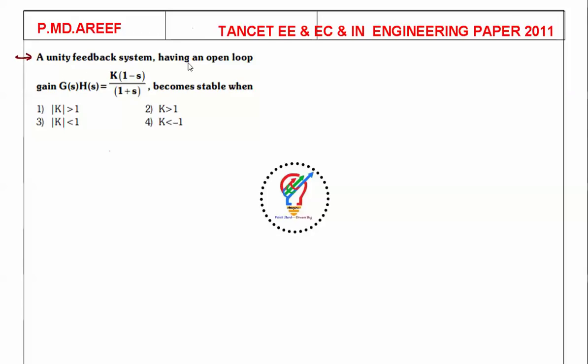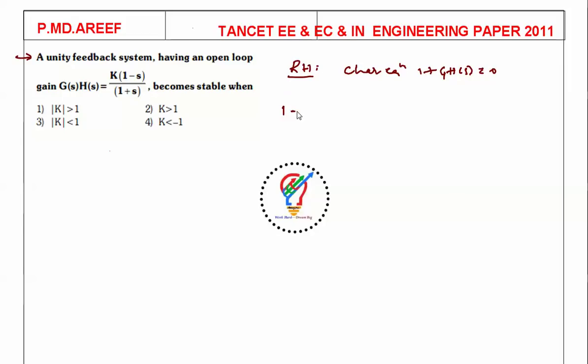A unity feedback system has an open loop gain of G(s)H(s) equal to K into (1 minus s) divided by (1 plus s). It becomes stable when... so we need to find the stability, that is, the value of gain K here. To find this, we'll follow the RH table, for which we require the characteristic equation. The characteristic equation is 1 plus GH(s) equal to 0.